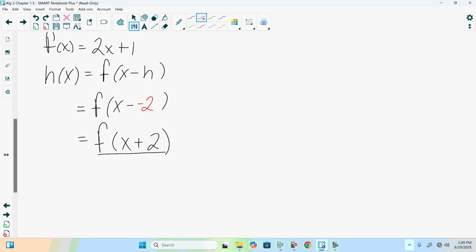We've replaced this x with x plus 2, which means every x in the equation has to be replaced with x plus 2. So we would still have the 2, but instead of x, we have x plus 2, plus 1.